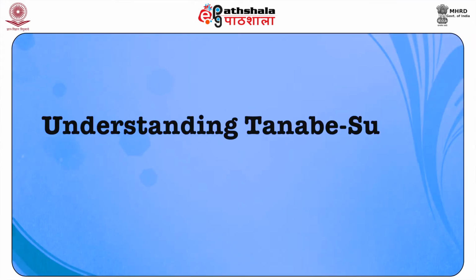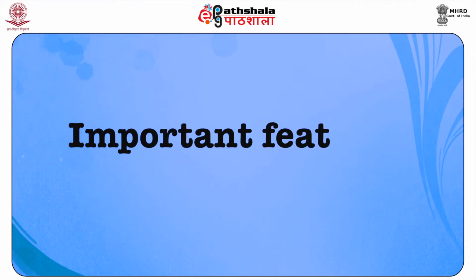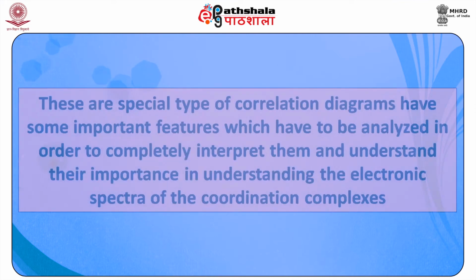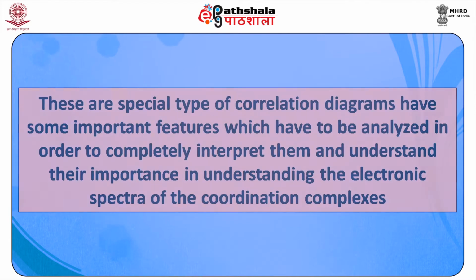Let us understand the Tanabe-Sugano diagrams by discussing their important features. These are a special type of correlation diagrams which have some important features which have to be analyzed in order to completely interpret them and understand their importance in understanding the electronic spectra of the coordination complexes.